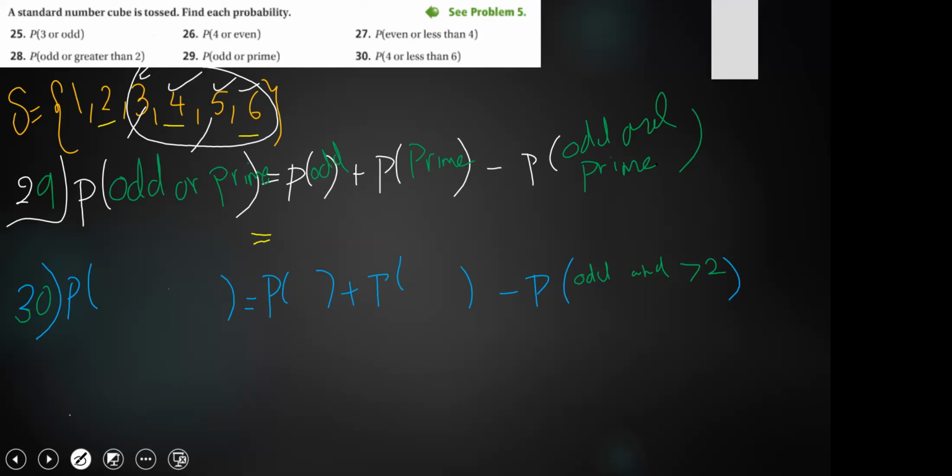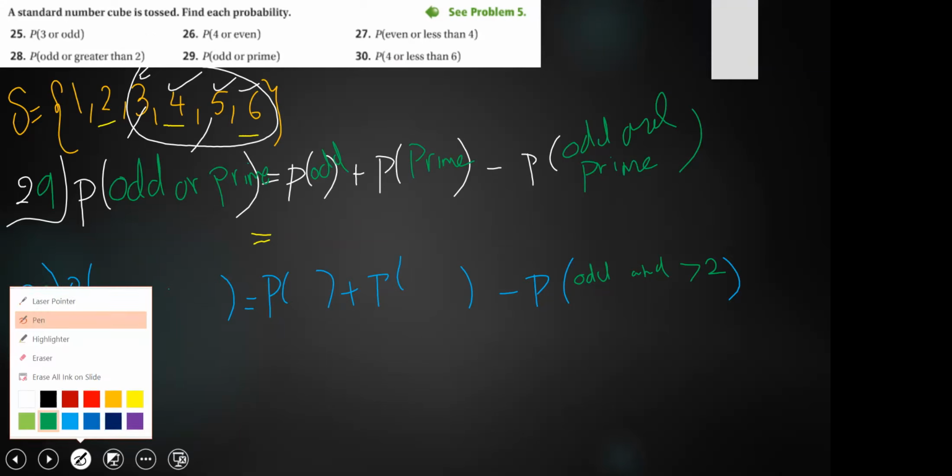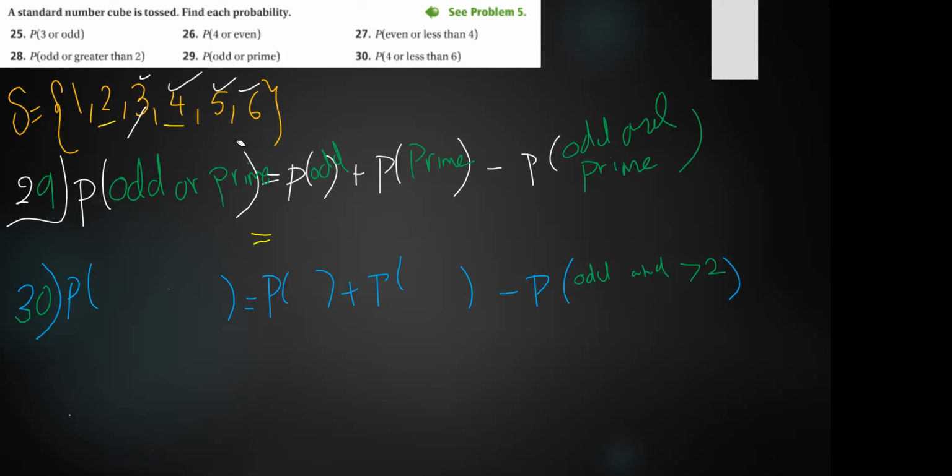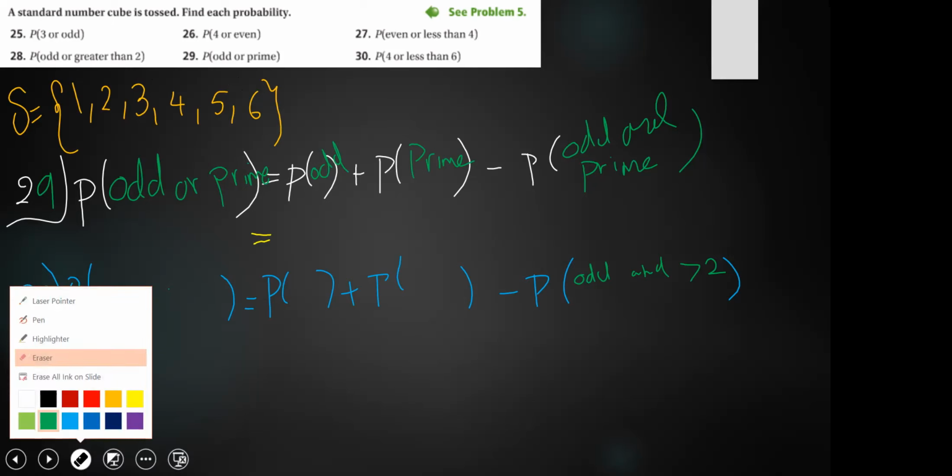What is the probability of getting odd numbers? How many numbers are odd? We have only 3 numbers, as we know, which are 1, 3, and 5. So I have only 3 numbers.